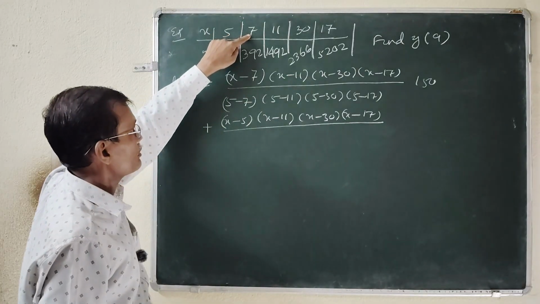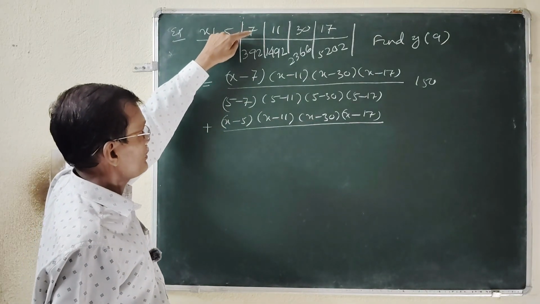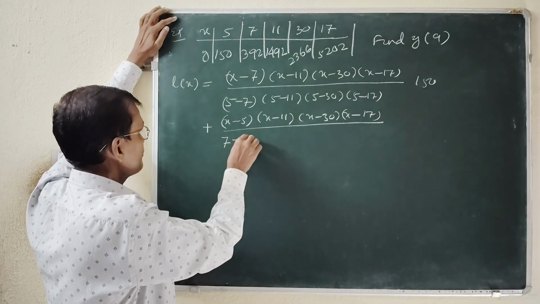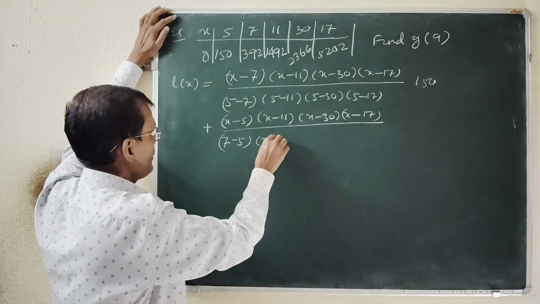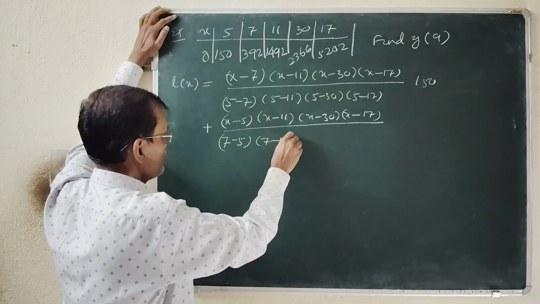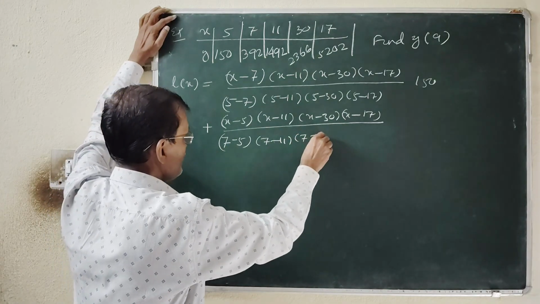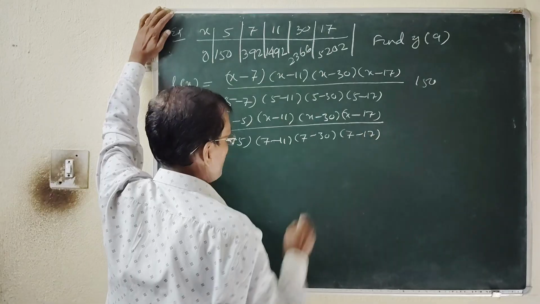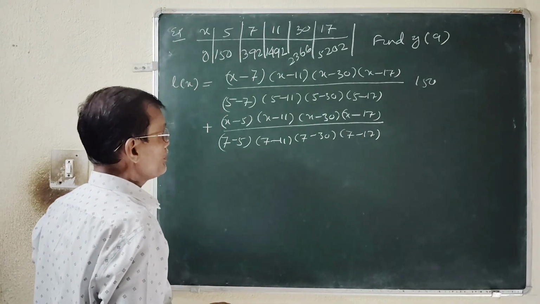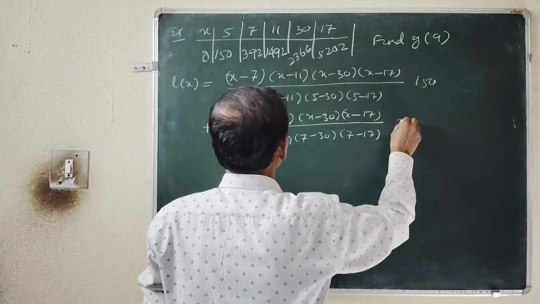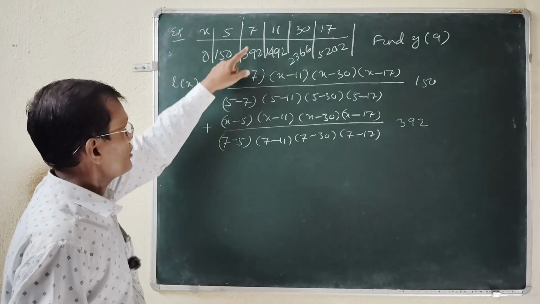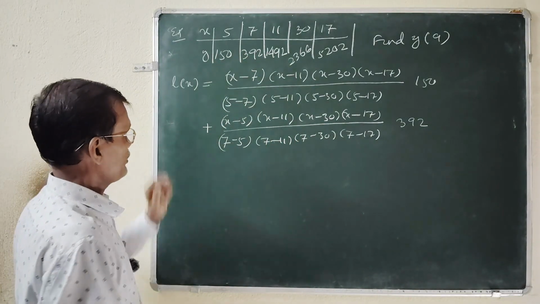So in the denominator you subtract every digit of x from 7, that is 7 minus 5 into 7 minus 11 into 7 minus 13 into 7 minus 17 into 392, because the corresponding data of y for 7 is 392, plus.